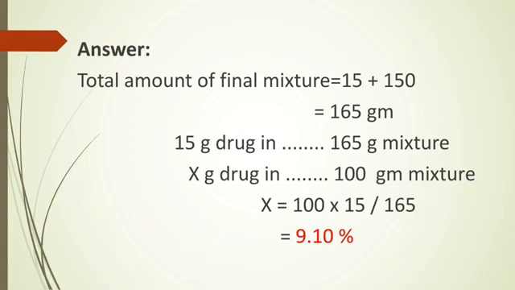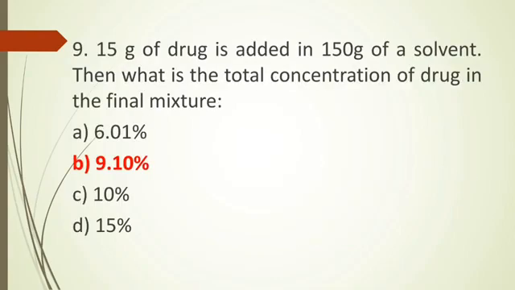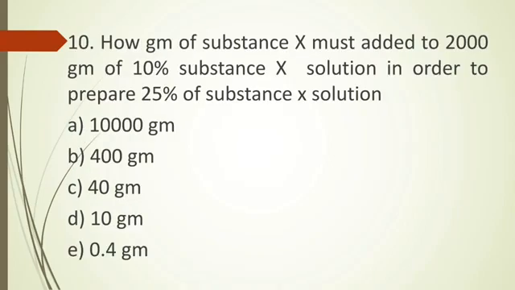So the answer will be 15 divided by 165 into 100, that's equal to 9.10%. So here the correct option is option B, 9.10%.